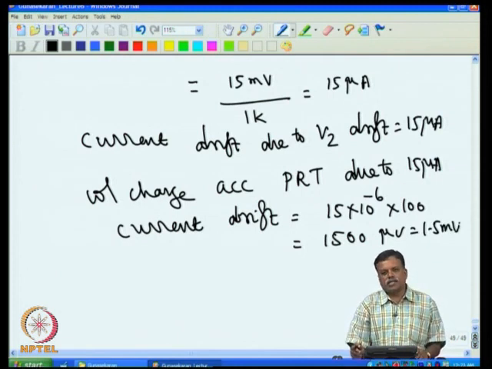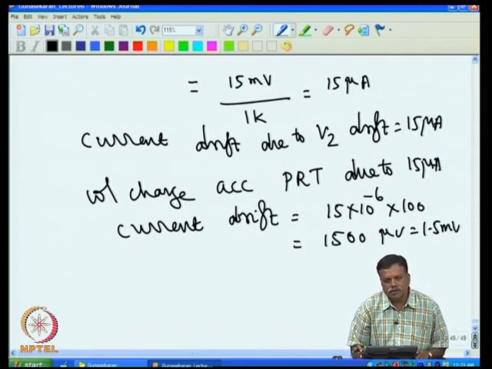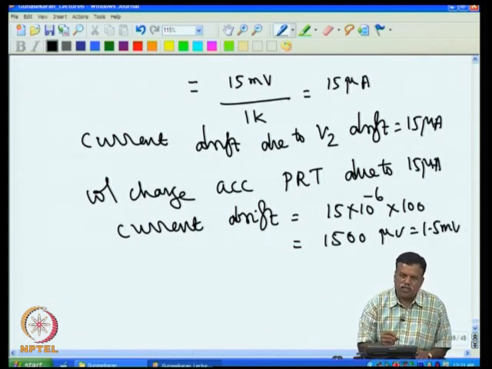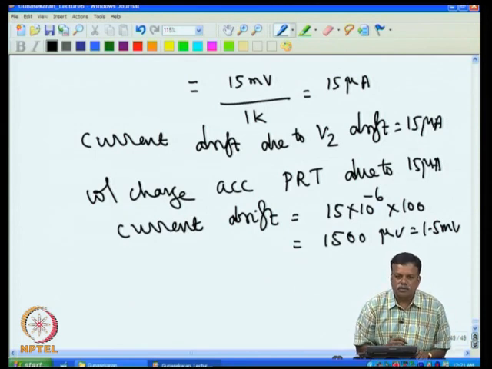So, voltage across the platinum resistance thermometer will change by 1.5 millivolt, but we know 2 millivolt is considered as 1 degree C. If 2 millivolt changes across the platinum thermometer, temperature error is 1 degree.